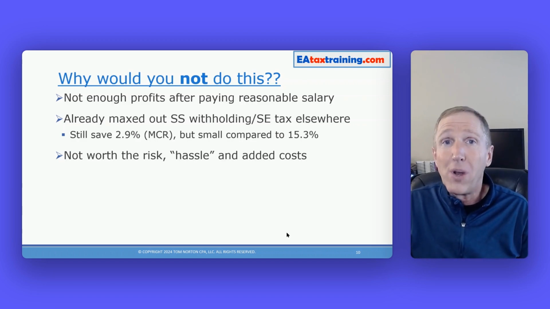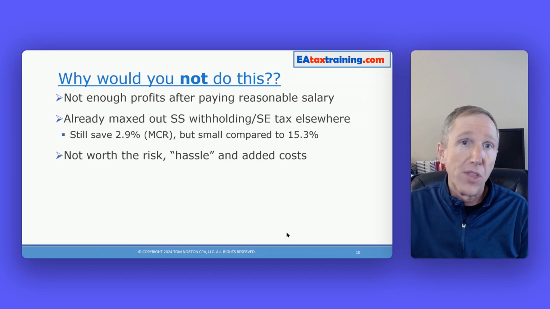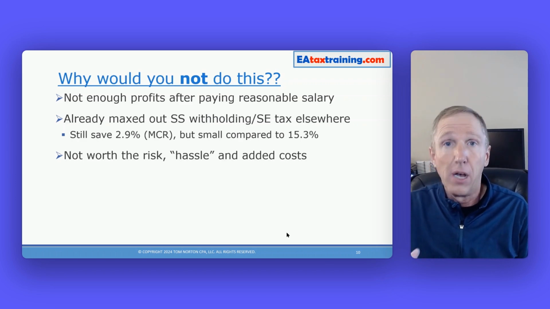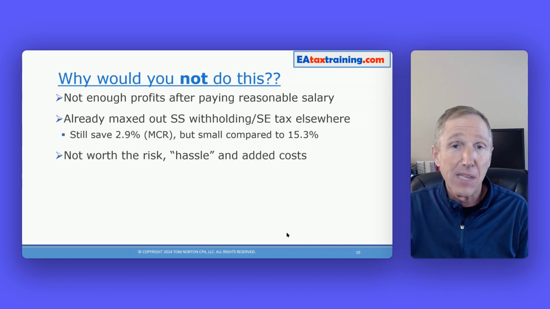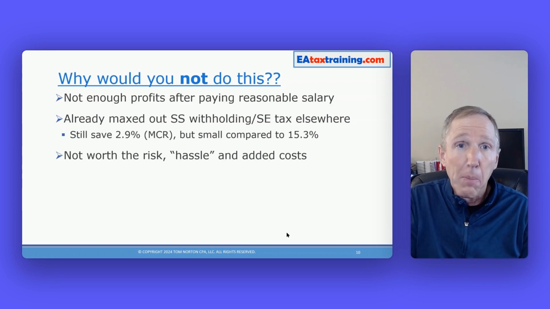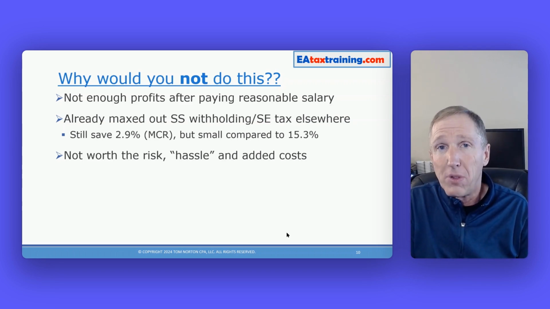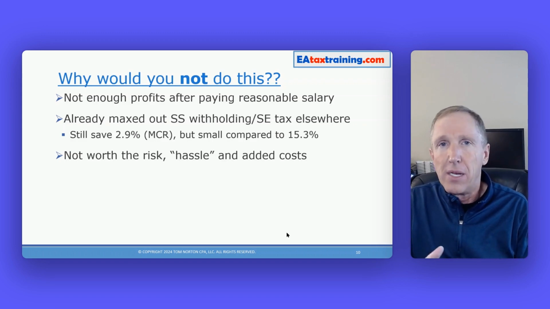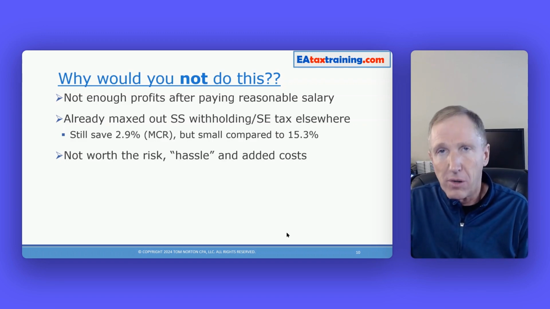You would save the 2.9% Medicare piece. But once you've reached that $176,100, you're no longer saving the 6.2% Social Security piece, which when you double it, that's 12.4% of the 15.3%. You're not saving that anymore. So it may not make sense to make this S Corp election because of all of the other hassles and costs involved with being an S Corp that we will talk about soon.